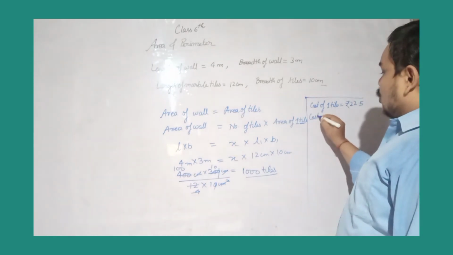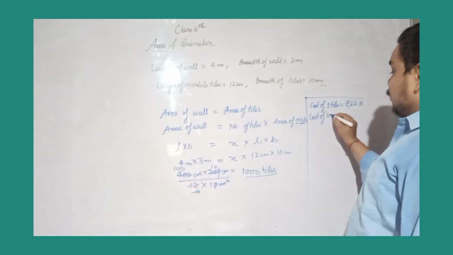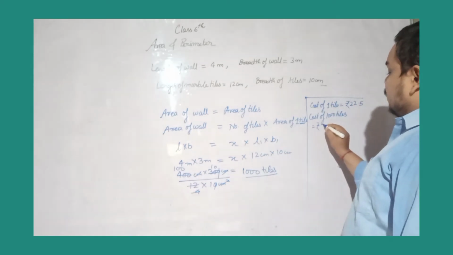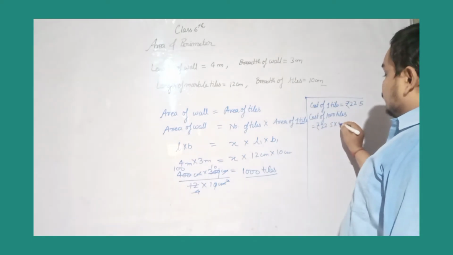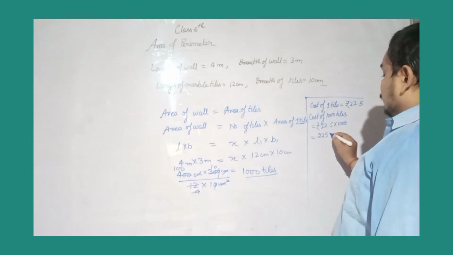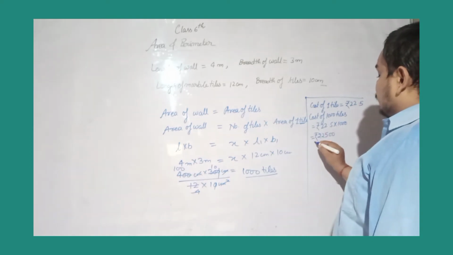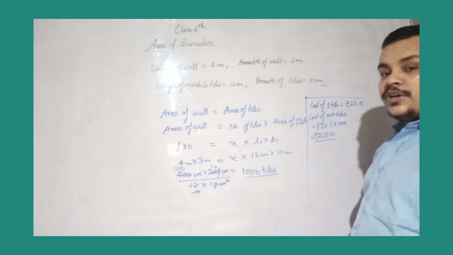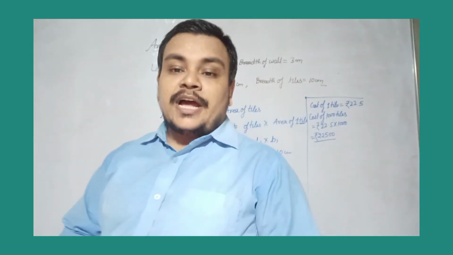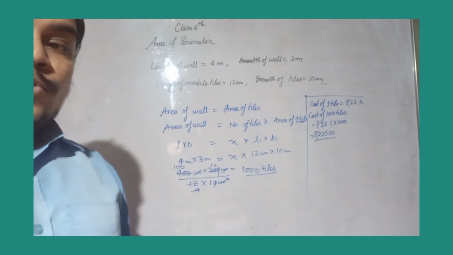Then cost of 1000 tiles is equal to 22 rupees 50 paise multiplying with 1000. It became 22,500 rupees, the total cost of the 1000 tiles. Copy this.